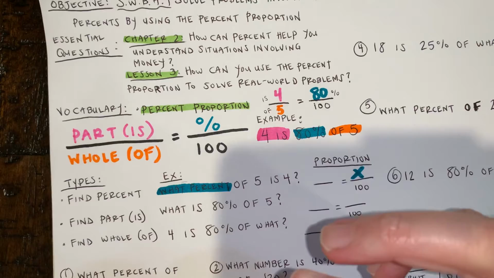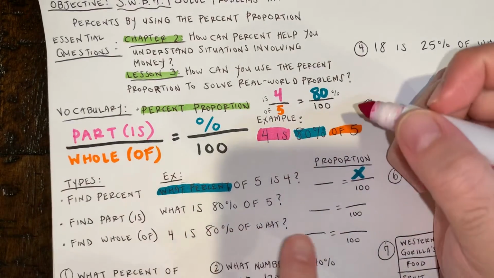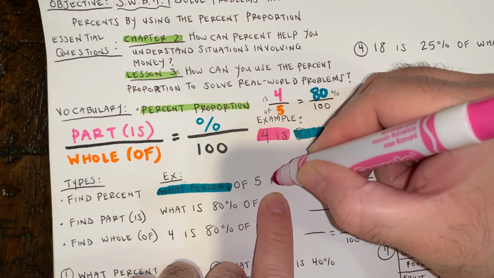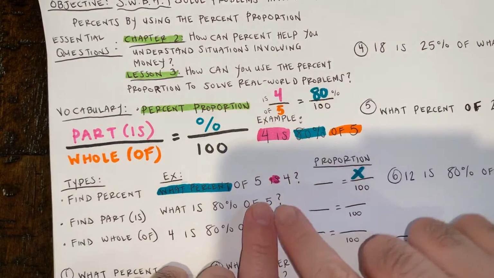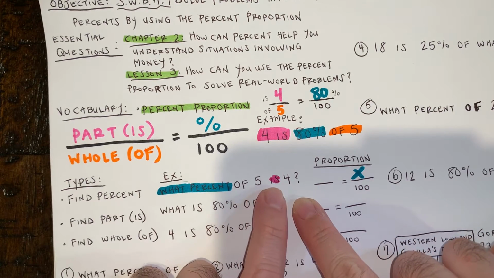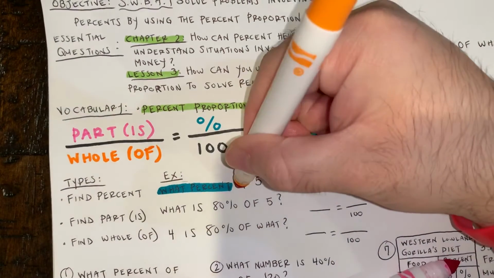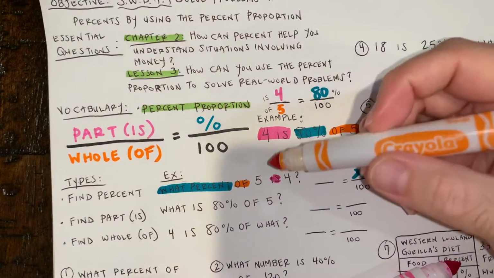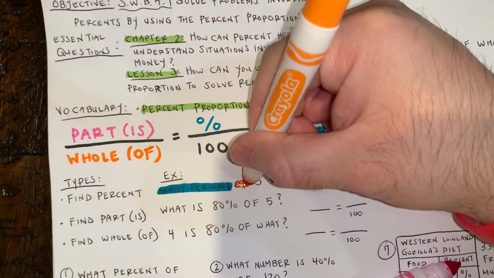Now that you have identified your percent, we can focus on the is. We have the word is here. This gets a little confusing because sometimes students don't know if the is belongs to the 5 or the 4. However, if you look at the word of, there's only one number next to that of, and that number is 5.